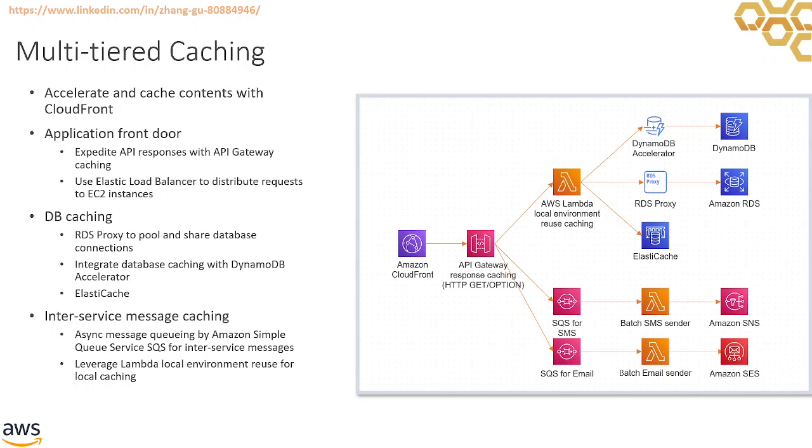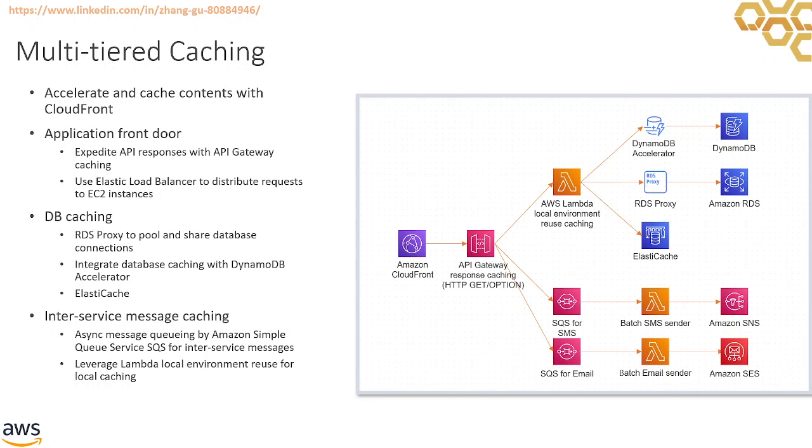Using Amazon API Gateway, you can create RESTful APIs and WebSocket APIs that enable real-time two-way communications. The API Gateway handles all the tasks involved in accepting and processing up to hundreds of thousands of concurrent API calls, providing traffic control, authorization and access control, throttling, monitoring, and API version management.